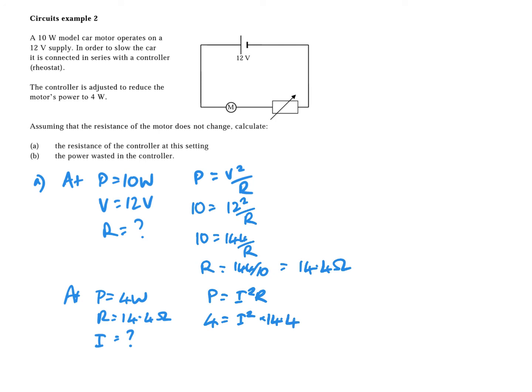And then you get I squared, it's 4 over 14.4, and taking square roots of both sides, you get I is equal to 0.527 amps. But we could also do V equals IR for the motor.